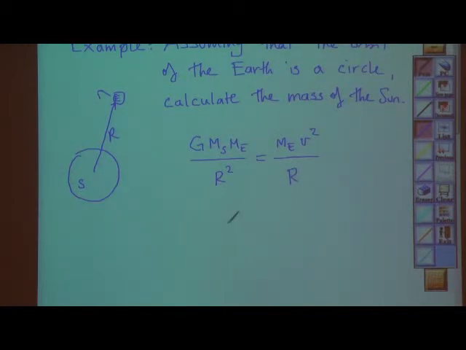So you can obtain, after a few steps, Kepler's third law for a circular orbit. I'm not going to redo it because we have done it already and you should do it yourself.